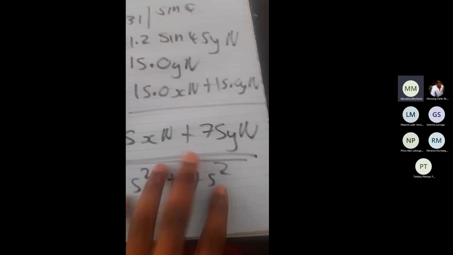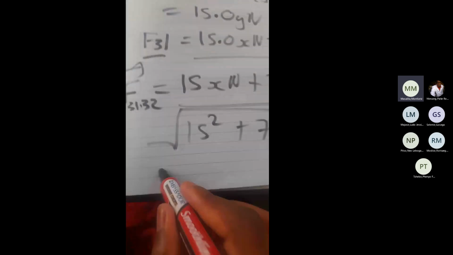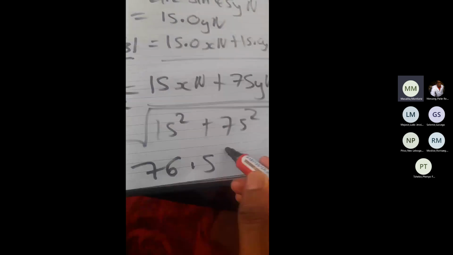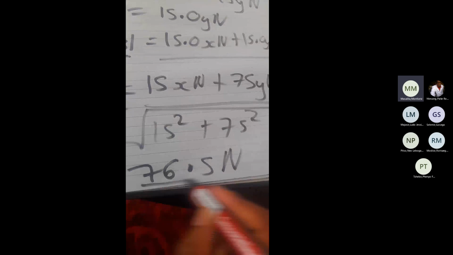I find the magnitude. My magnitude there is going to be 76.5 Newton. That's the magnitude of this new vector. Now the angle: I put the magnitude over the angle.